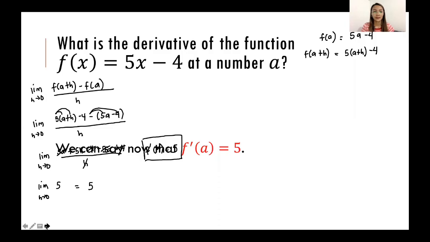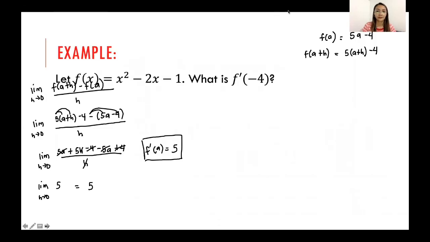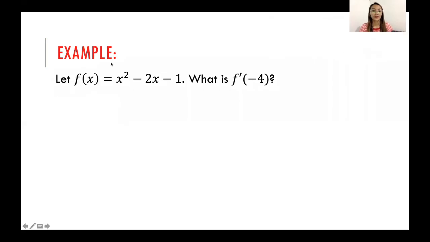Okay. So next. So example, under example, let f of x is equal to x squared minus 2x minus 1. So what is f prime of negative 4?